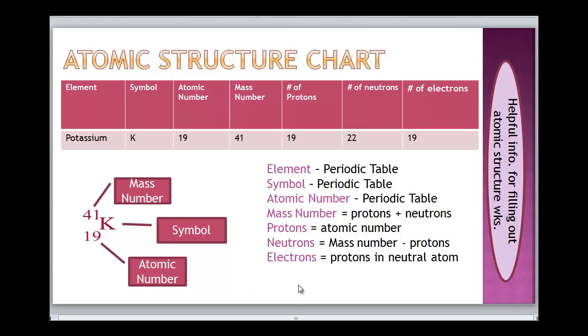So this is all the information that we can come up with, and this is helpful for filling out some of the worksheets that we have so you get familiar with the different symbols and numbers associated with elements, and then as we begin working towards reactions and things like stoichiometry, we're going to come back and use some of this information to help us create compounds and things like that. Let's move on.